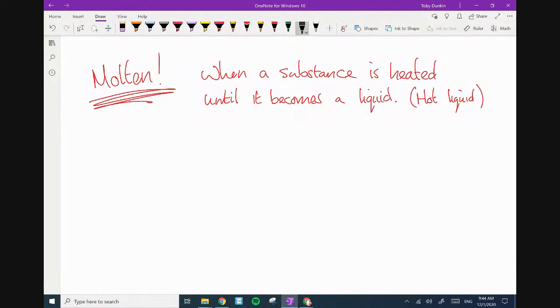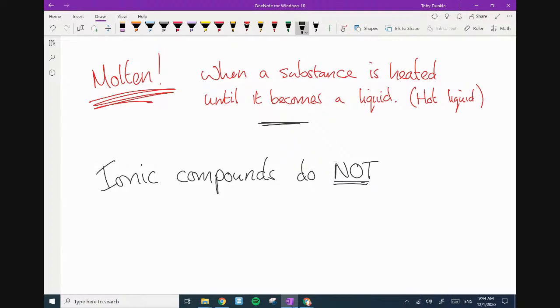Key important facts from our ionic topic. Ionic compounds do not conduct electricity when solid. And we know the reason for this.